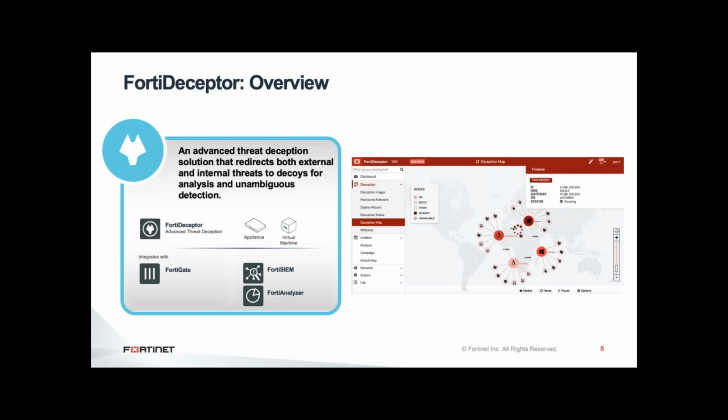What we do with FortiDeceptor is actually something we know from before, but we're just going to do it a lot better. Okay, think about your classical honeypots. So we position honeypots through our network, but we're not only going to position them, we're going to lure the attackers to those honeypots, and we're going to manage that honeypot from the FortiDeceptor.